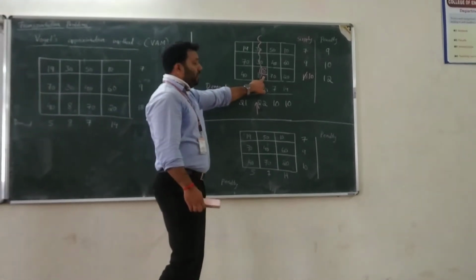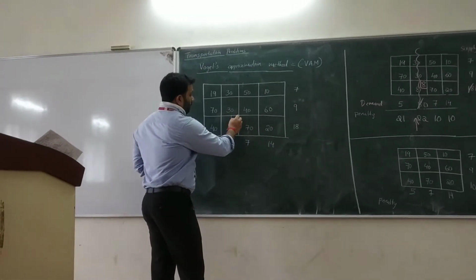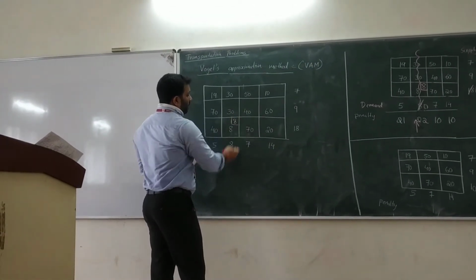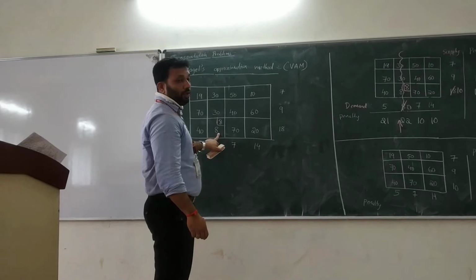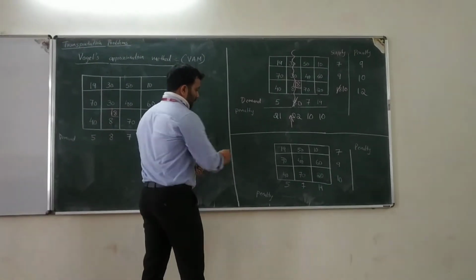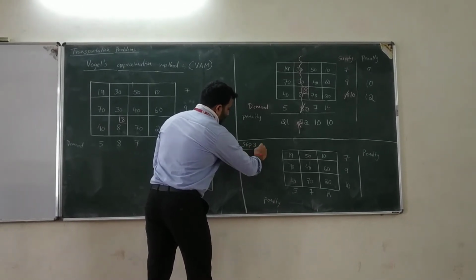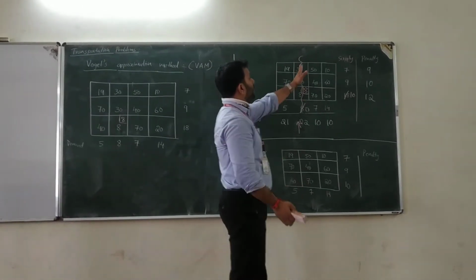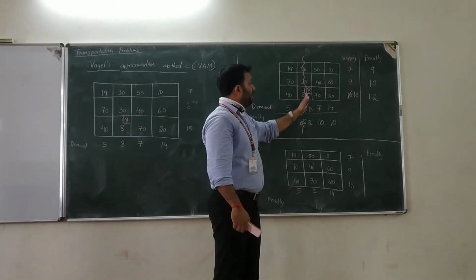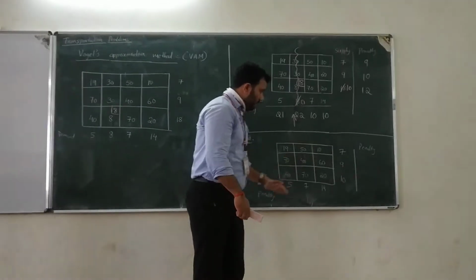The first allocation I am going to write in this particular table: the allocated value in this position is 8. Now moving on to step 2. This we have struck out, or deleted the entire column. In the remaining table we have 3 columns and 3 rows.